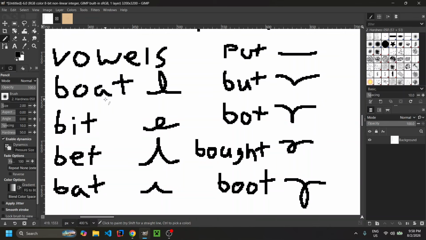So this is like the o, and this is it, and a, and u, like put, but, bought, and boot. All depending on what sound you make depends on what that center is. And like I said, all of them have to go either straight up or straight down. So here we have the long circle, the short circle, the long line, the short line, the flat line, and then once again the same thing in the opposite directions.